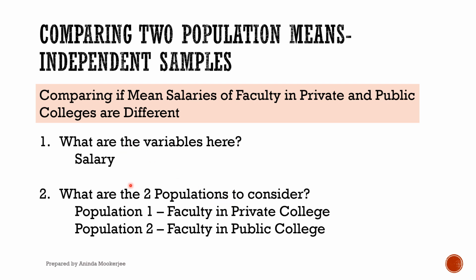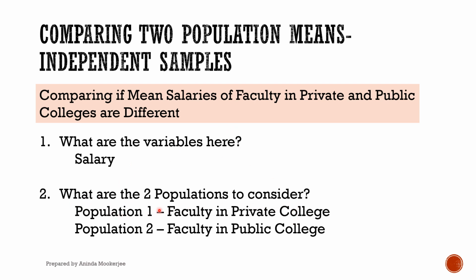So here it says comparing if mean salaries of faculty in private and public colleges are different. The first question is, what are the variables here? The variable under study is the mean salary. That's what we are studying, the difference in the mean salary. So the variable is salary. And there are two populations here. What are the two populations to consider?